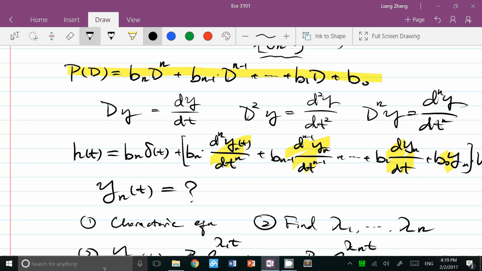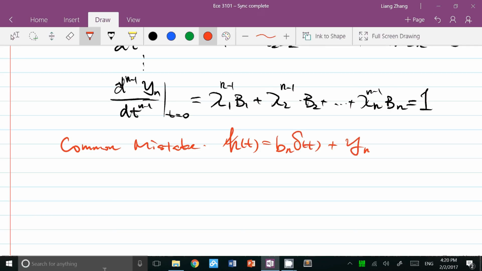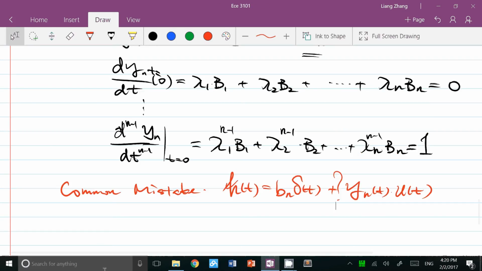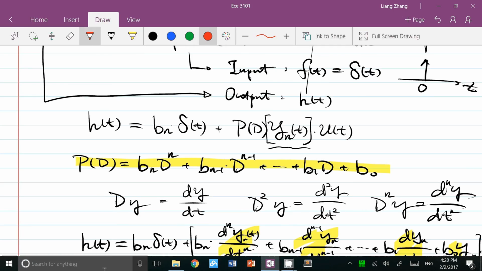As I mentioned, a common mistake, so I'll write it in a different color, is that after you solve for yn of t, you directly use yn of t in this equation, which in general is not correct, because you forgot to take the derivatives that are required up here, which come from this P(D) polynomial of the differentiation operators.